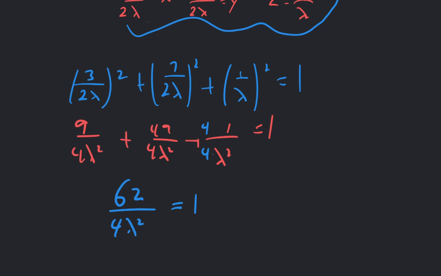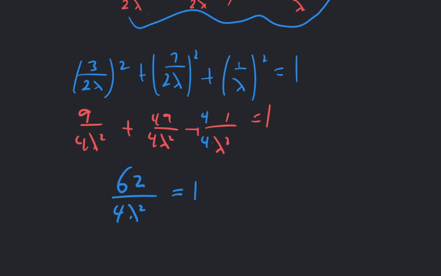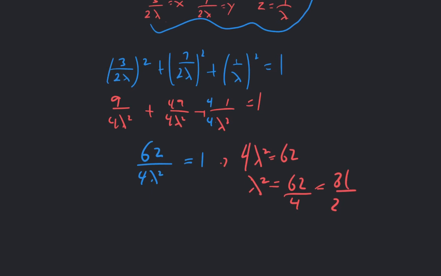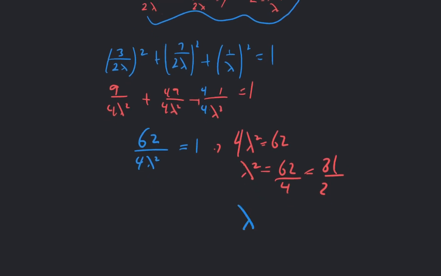And we just solve for lambda. 4 lambda squared is equal to 62. Lambda squared is 62 over 4, 31 halves. And then we can take the square root.